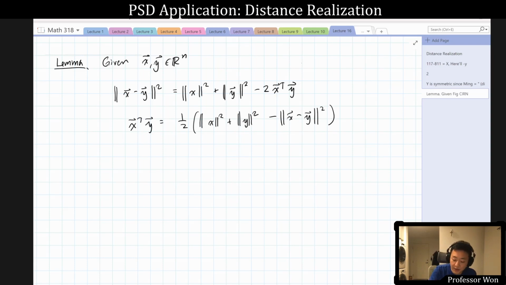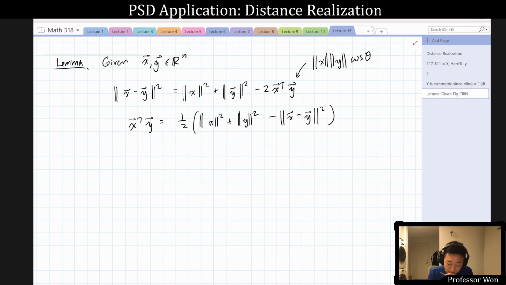Okay, and if you choose to write this dot product as the length of x, the length of y, and the cosine of the angle between them, then this recovers the law of cosines, which I guess you learn in high school, but very few people actually learn it.